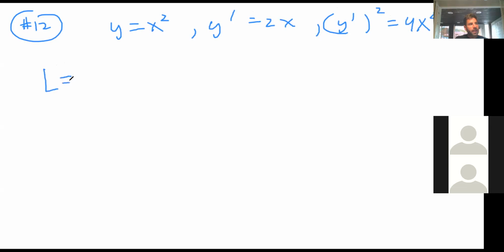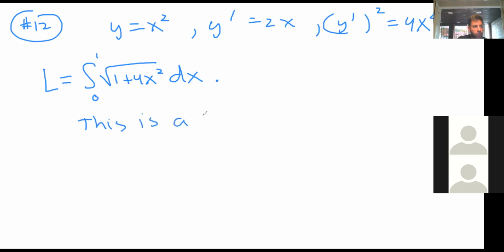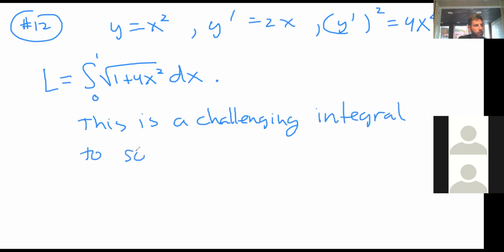And so the length that we're asked to compute becomes a challenging integral, because when I plug it into the formula, I get this. So this is a challenging integral to solve exactly.